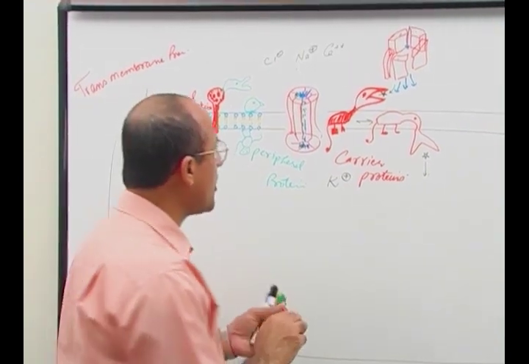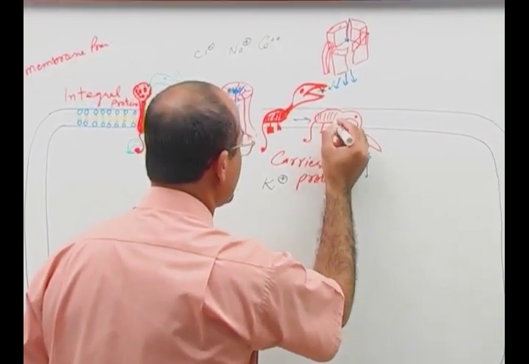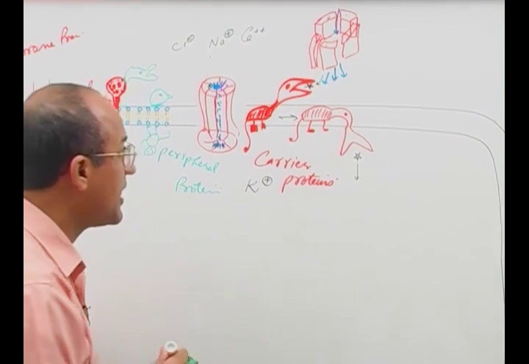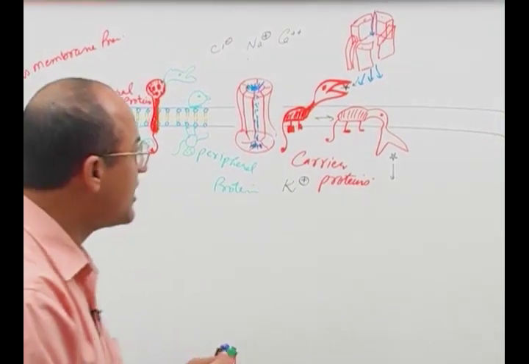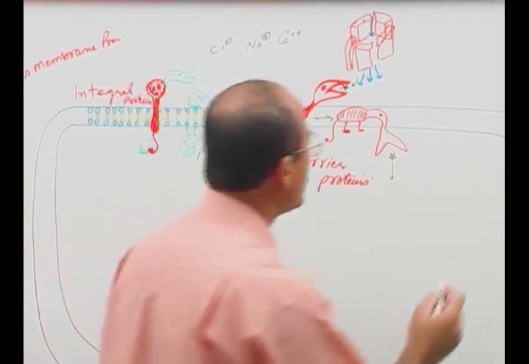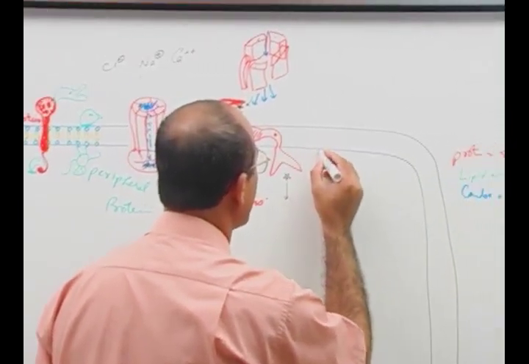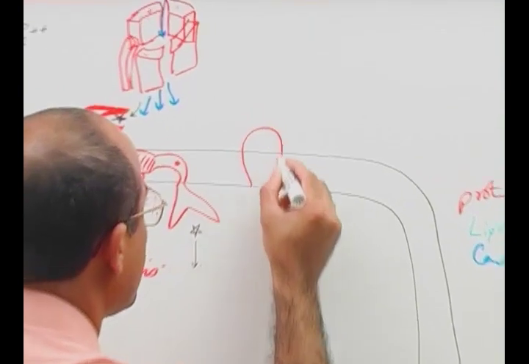Then there is another group of course, this beautiful design should be there also. So these were channels, these are carrier proteins. Then there are some other proteins also which are present throughout the membrane.